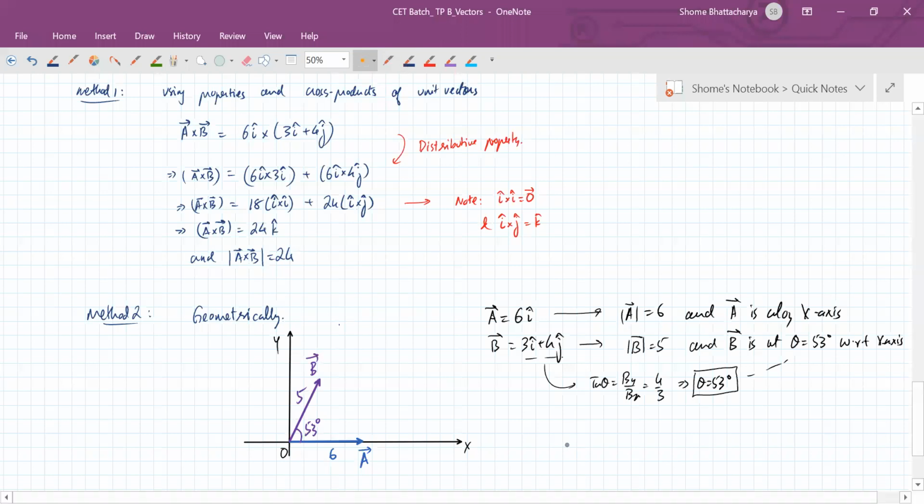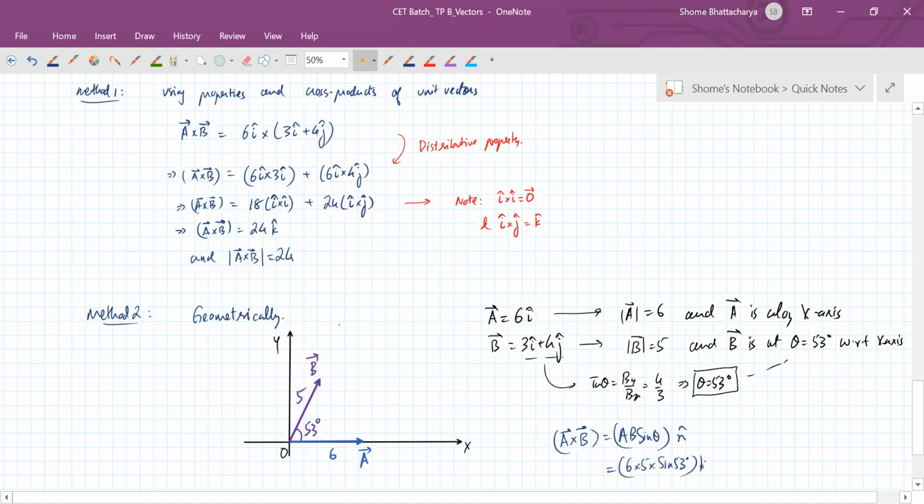So now geometrically, if we work out A cross B, you can see it is AB sine theta n cap. Now AB sine theta will be nothing but 6 into 5 into sine 53 degrees.